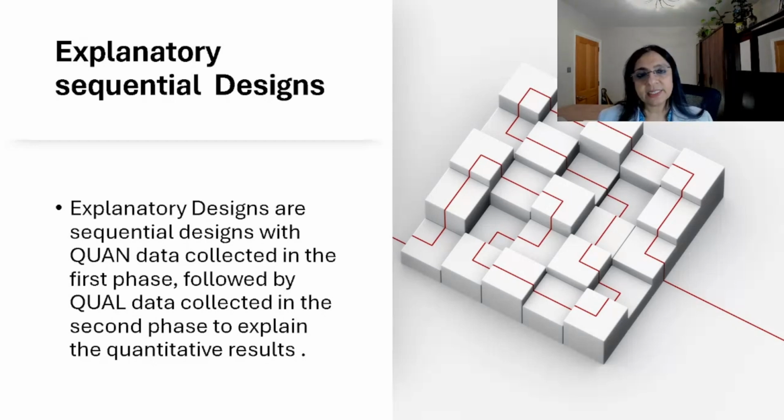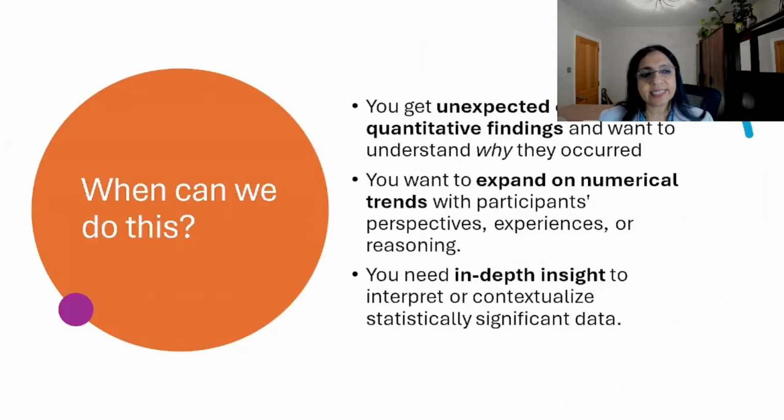And sequential. So this is taking place one after the other. So explanatory designs are sequential designs with quantitative data collected in the first phase, followed by qualitative data collected in the second phase to explain the quantitative results. So it's very clear, it is explanatory sequential designs.